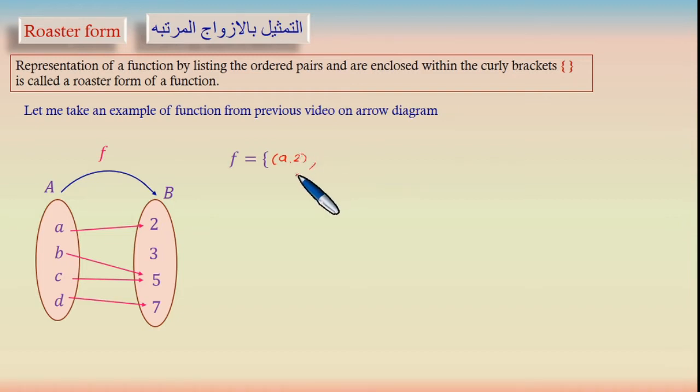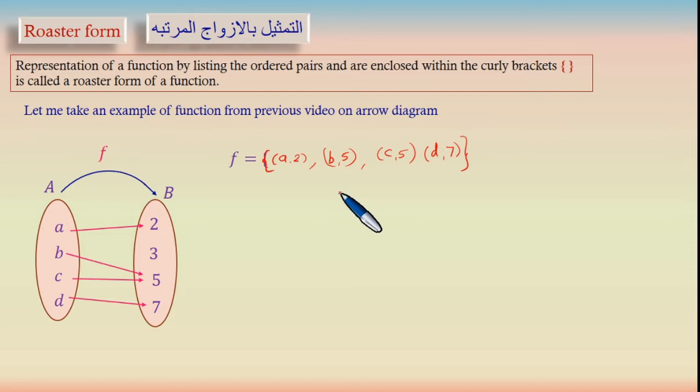Next one is (B, 5), B is mapped with 5. And C is also mapped with 5. And the element D is mapped with 7. So this you have to close in the curly bracket. This representation of a function is called roster form.